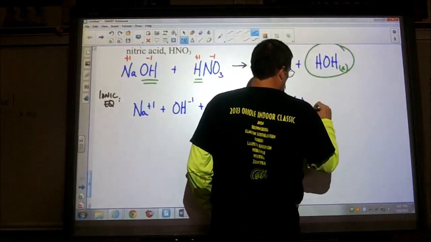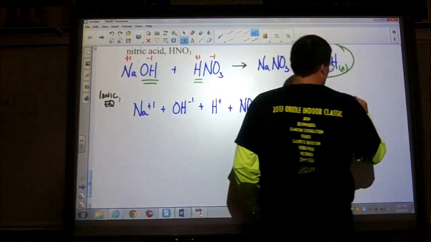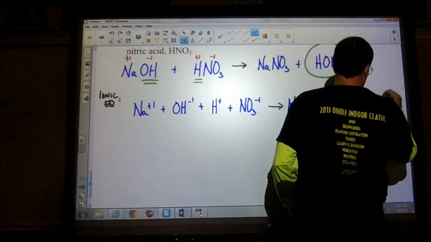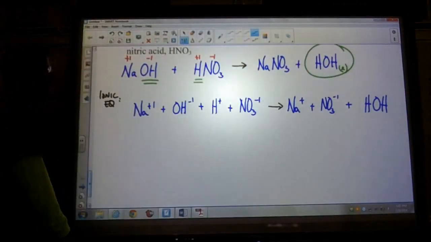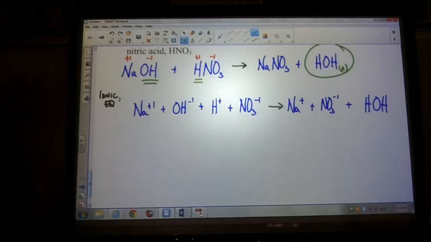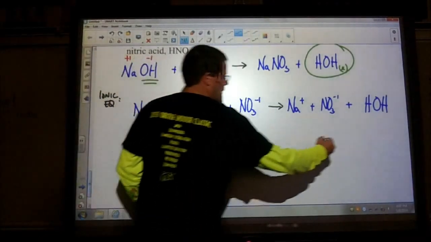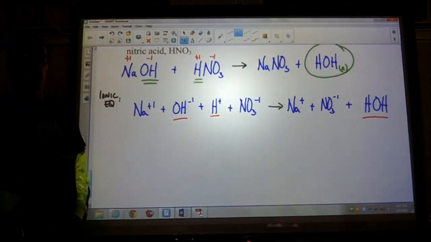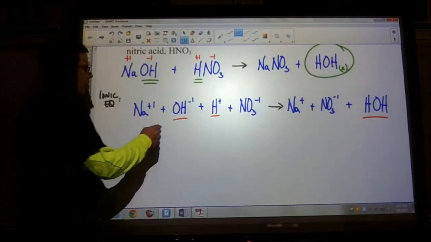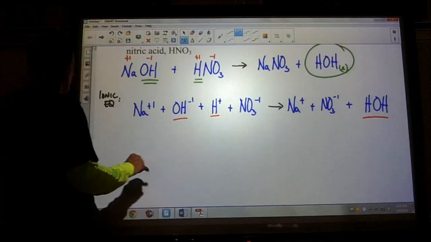They don't do anything. Nitrate ions also don't do anything. And water. So we're making water. Okay? So this is a neutralization reaction. By definition, you are taking hydroxide and hydrogen and making water. Also, if you're not comfortable with writing water as HOH, you may write it as H2O, but whatever you do, don't write it as OHH. Please don't do that.